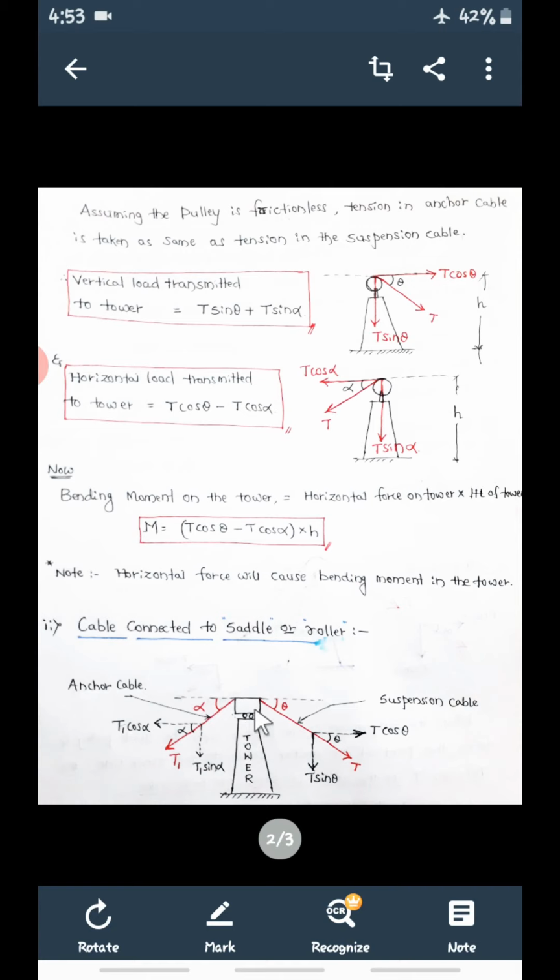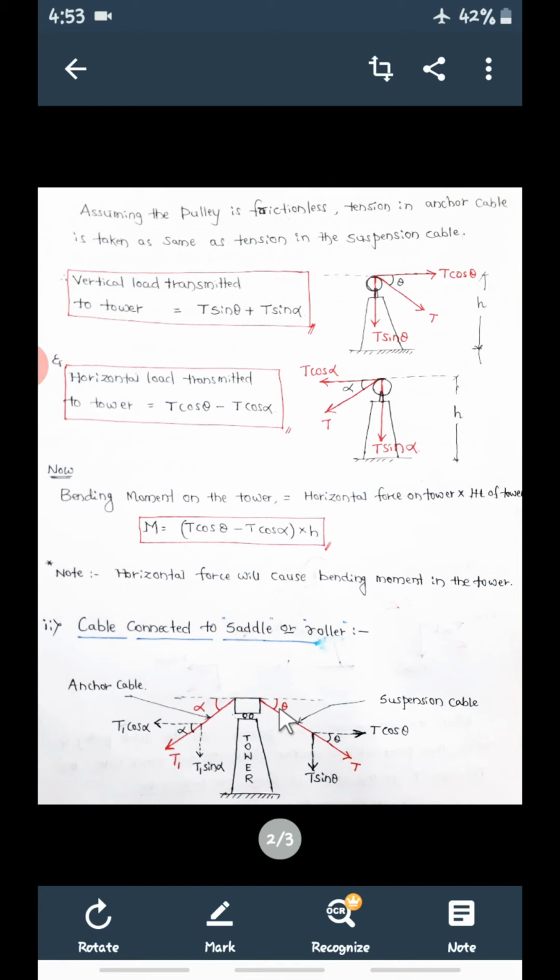Over the roller there is a saddle, this is called a saddle. So the saddle will be provided. One end of the saddle is connected to the suspension cable, and at the other end it will be connected to the anchor cable. Now, same thing, the suspension cable makes an angle theta, and the anchor cable makes an angle of alpha here.